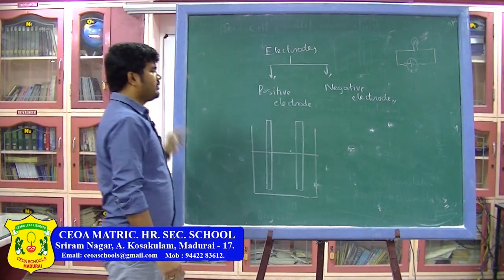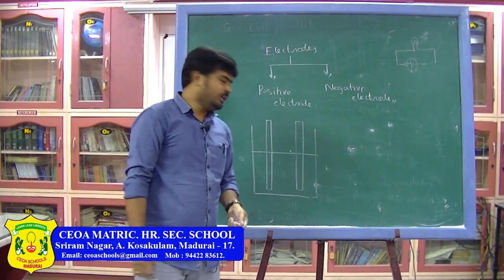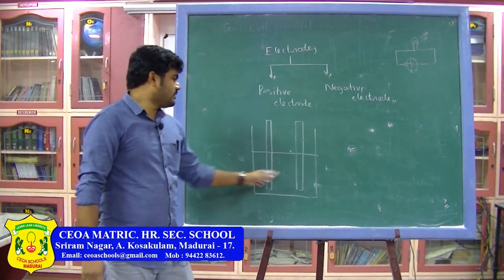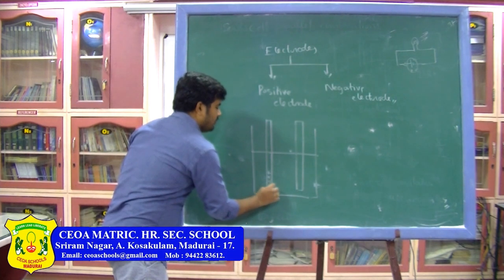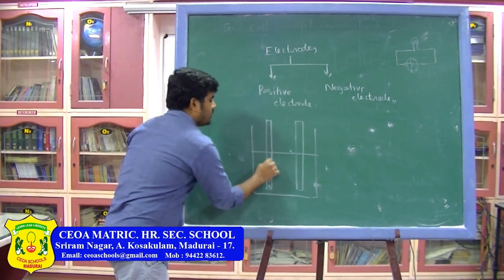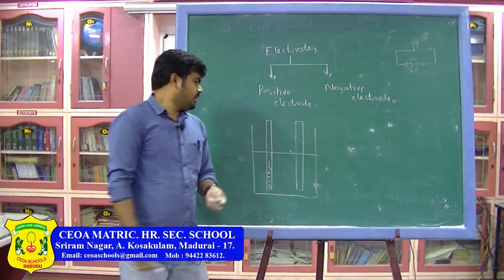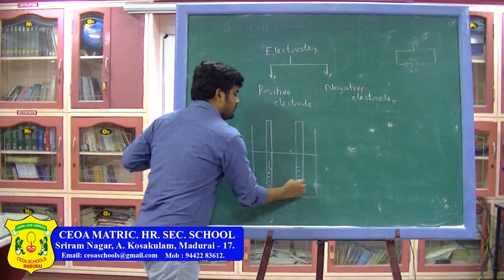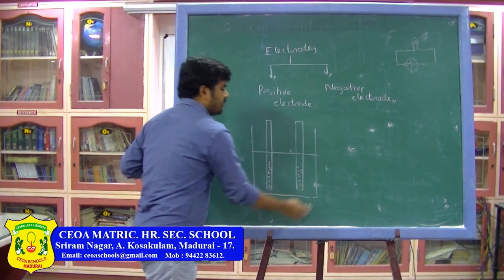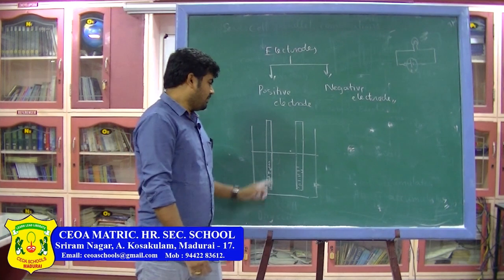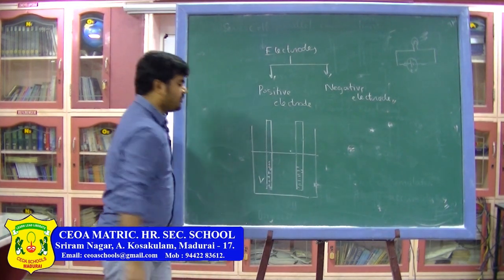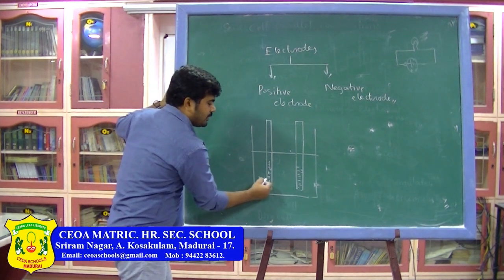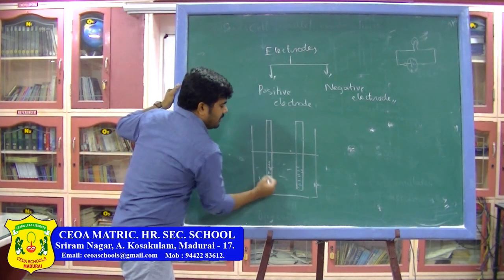When these rods are inserted into the electrolyte solution, positive charges will be deposited on one rod, and at the same time negative charges, that is negative ions, will be deposited on the other rod. Say this rod is at a potential of V volts with respect to the electrolyte solution near to it.